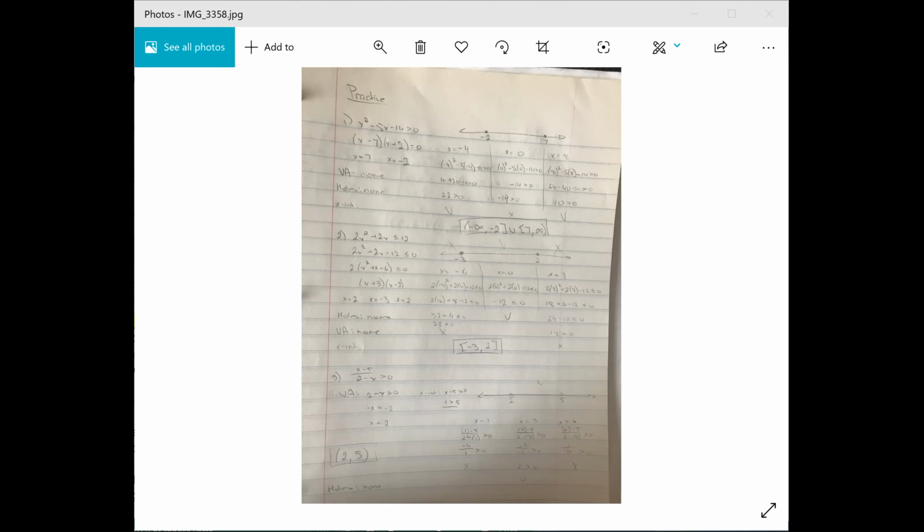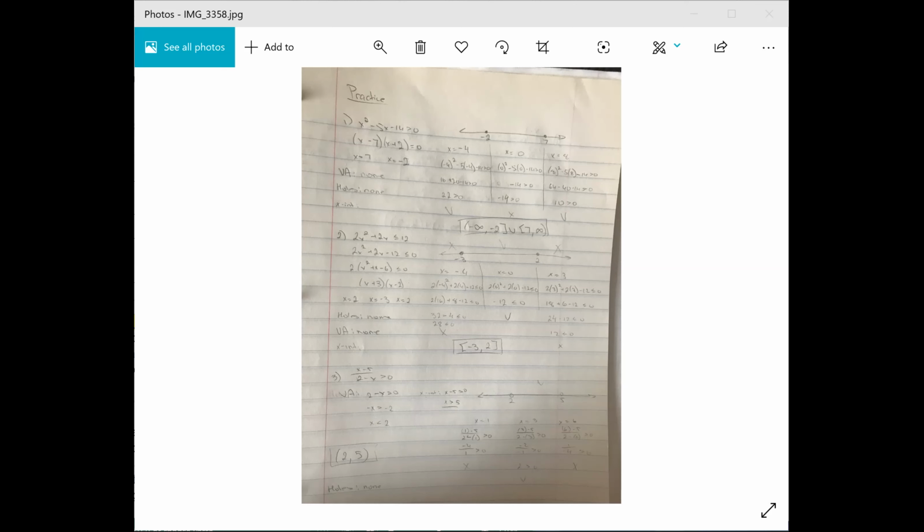Test each one. Once you plug everything in, you get that -4 is greater than 0. Is that true? No. So that interval does not work. Once you plug in 3, you get 2 is greater than 0. Oh, sorry, that interval does work because 2 is greater than 0. I was looking at the last case.